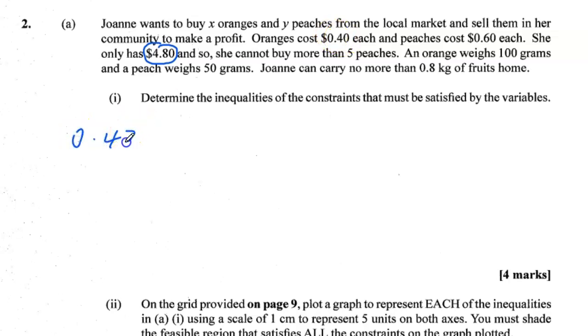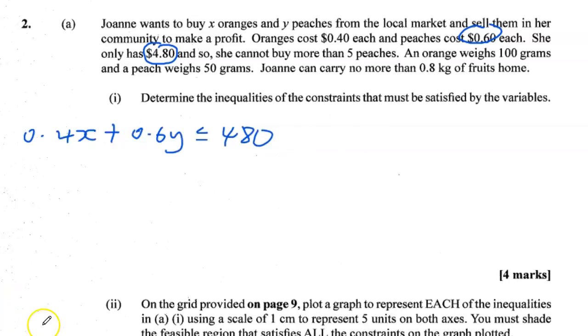So 0.4 times the oranges plus 0.6 times the amount of peaches, that's 0.6 times Y. And that should be less than or equal to 480, since she only has $4.80. So she can spend no more than that. She can spend less, but no more than $4.80. So that's one of our inequalities.